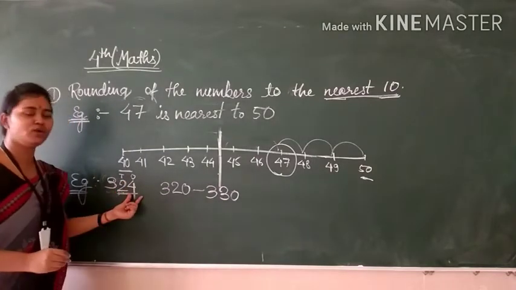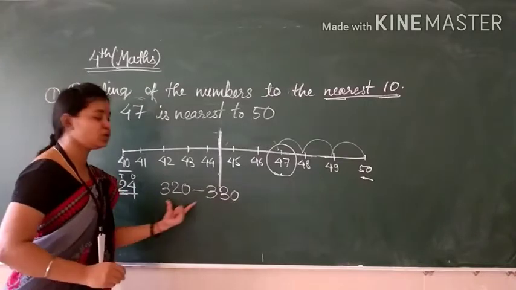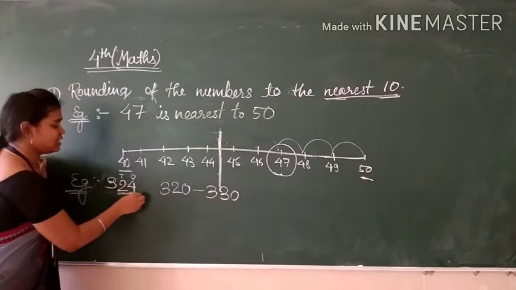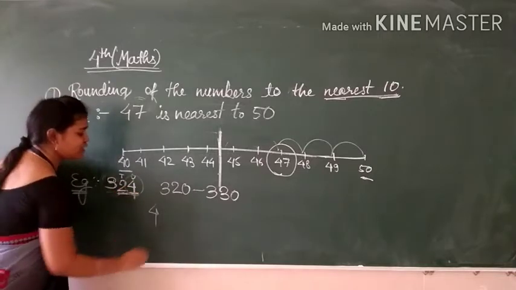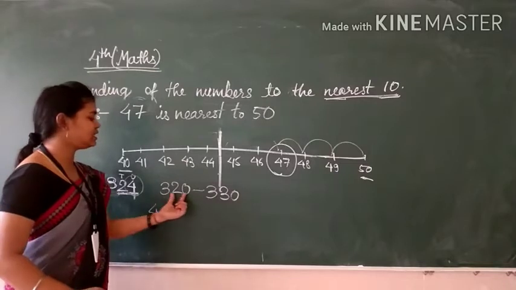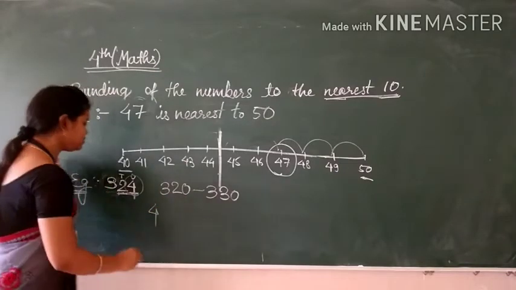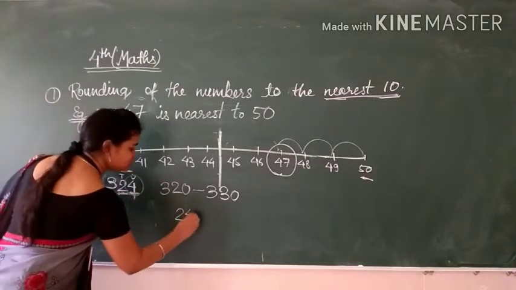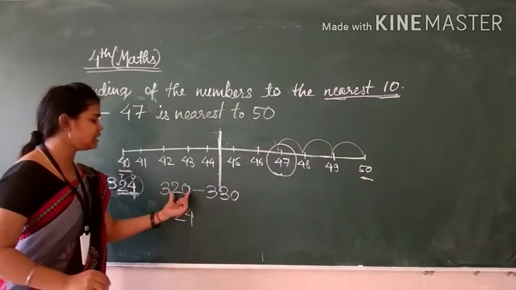After making the range, we have to see the ones place. Ones place here is 4. So is 4 nearest to 30 or nearest to 20? This we have to see. So 24 is nearest to 20.